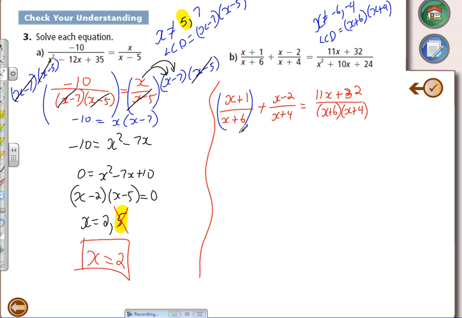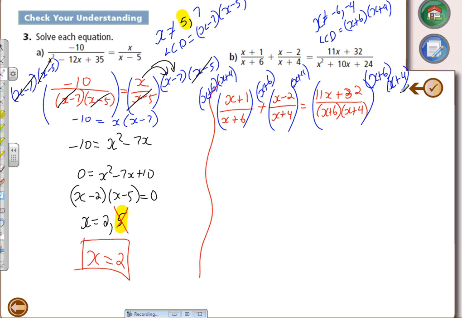So bracket off each one of them. Each fraction, x plus 6 and x plus 4. X plus 6. And I'll put on this side x plus 4. X plus 6 and x plus 4.